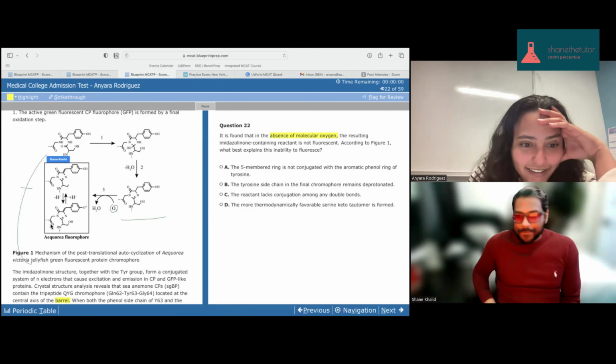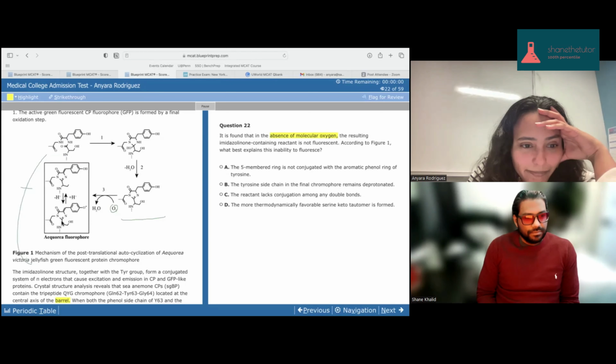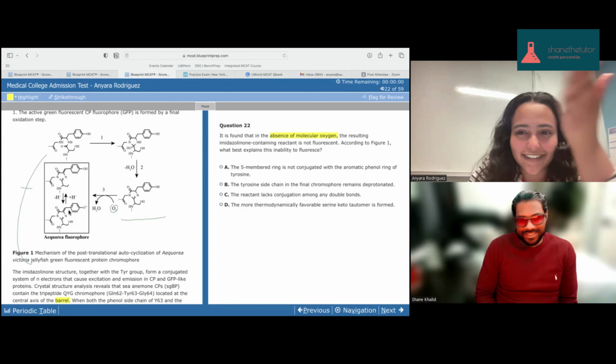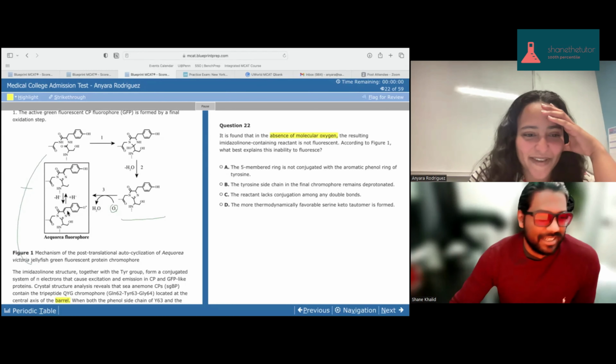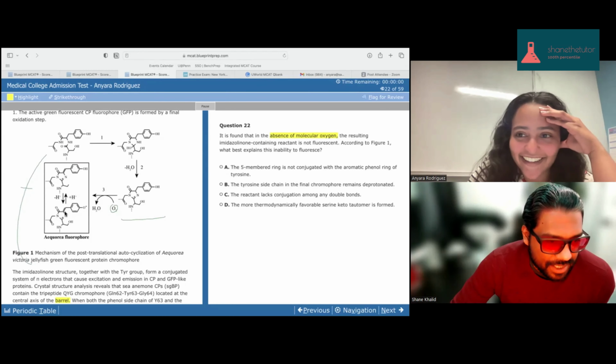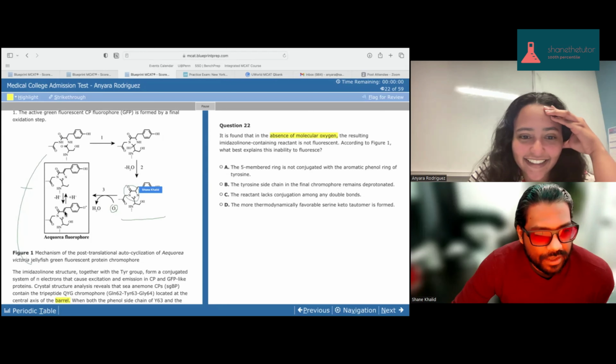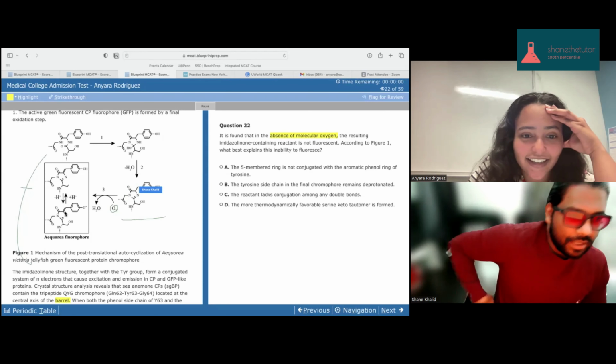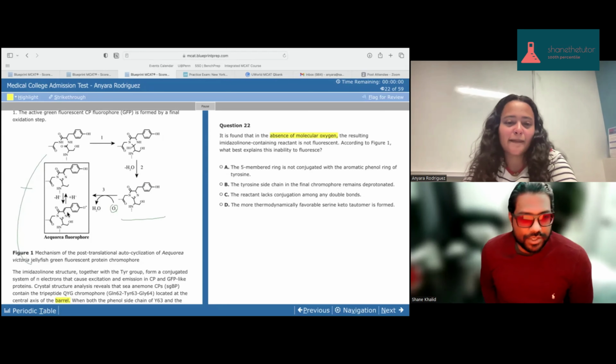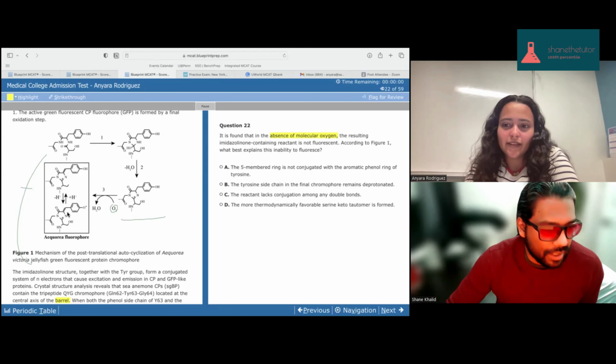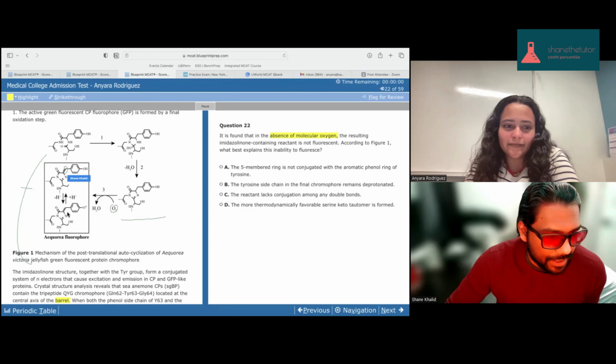Oh, I see. I don't have that double bond here. I guess that's the imidazolinone group they mentioned, maybe. So the molecular oxygen lets there be this double bond here, right?